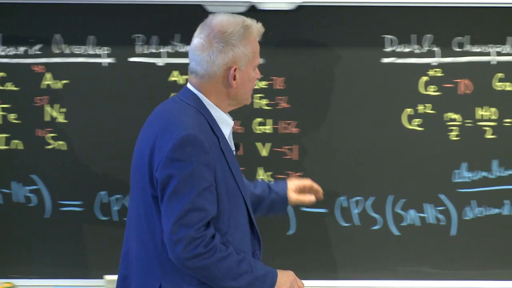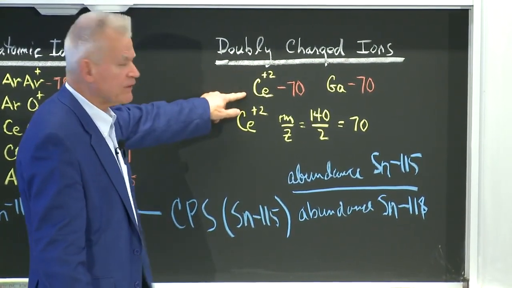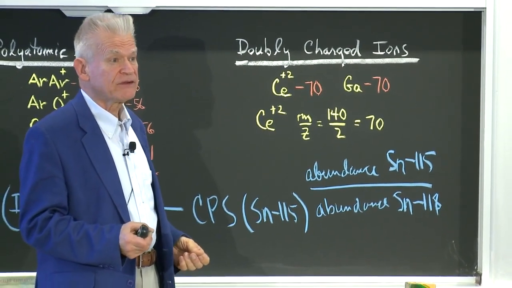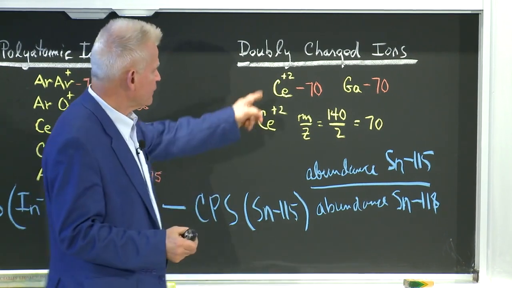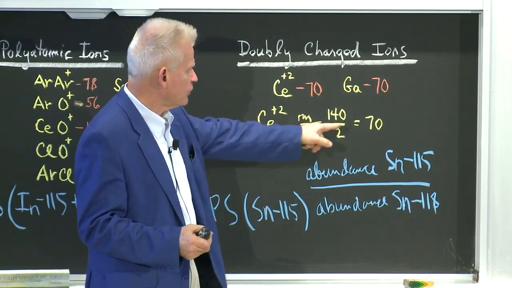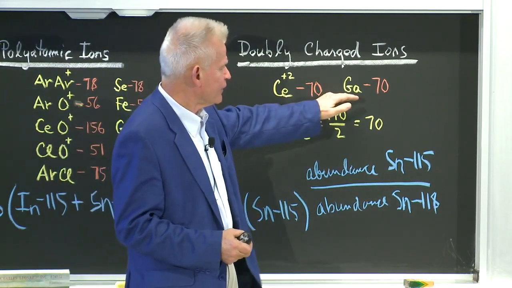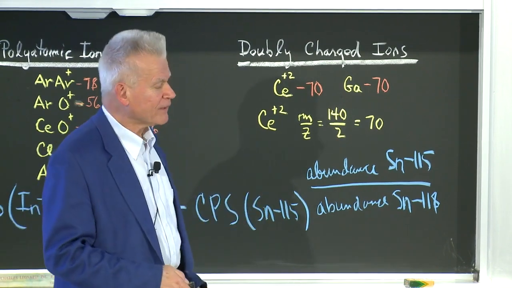Another thing that can happen is you can have doubly charged ions form. Cerium is an element in our tuning solution. Cerium has a molecular weight of 140. If it's doubly charged, you divide that by 2 and you get 70. So doubly charged cerium would interfere with gallium. So somehow we've got to take these into account.